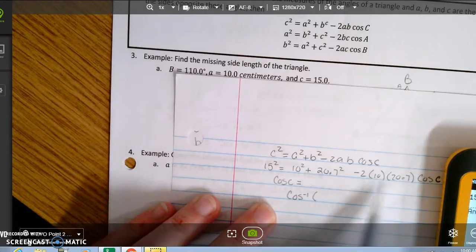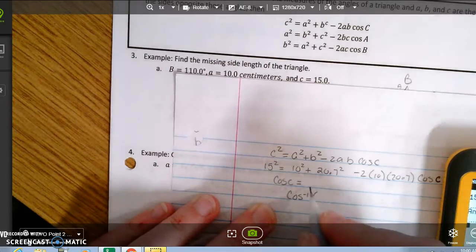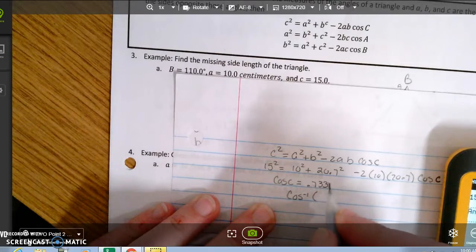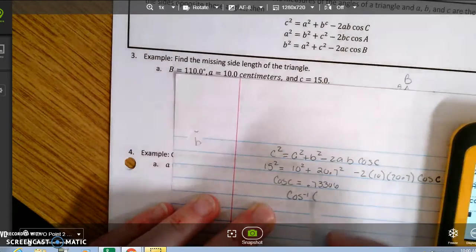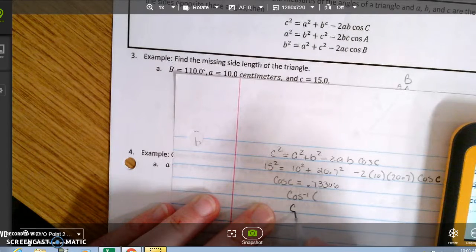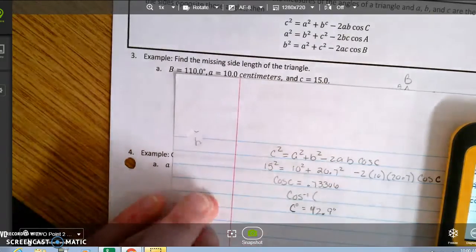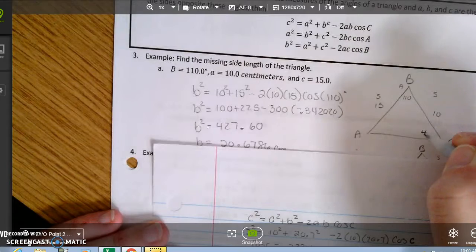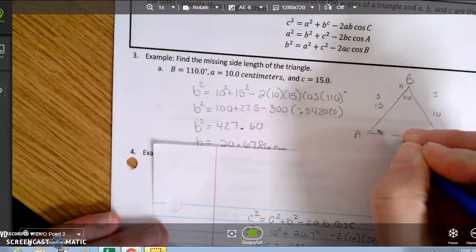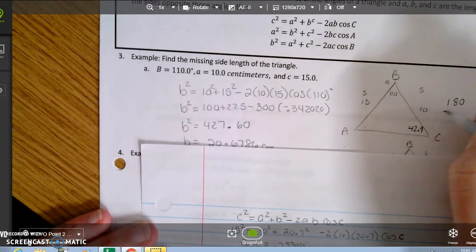So I'm dividing it by all of this, and I get this value, 0.73306. And now, when I do the cosine inverse of 0.73306, I find out that angle C equals 42.9 degrees. So then once I know angle C is 42.9, now I can find angle A because the angles have to equal 180 degrees.